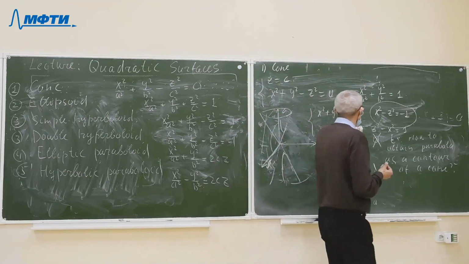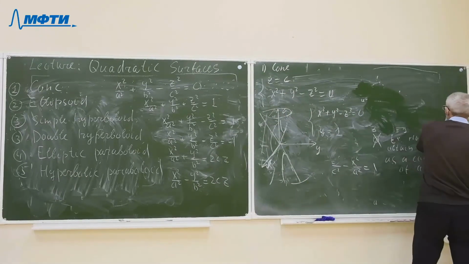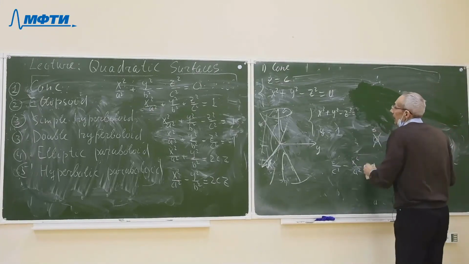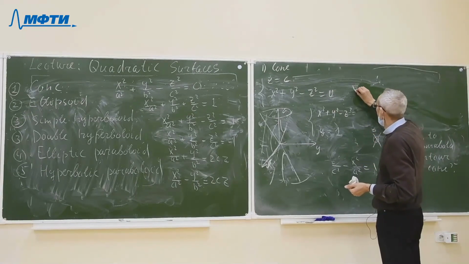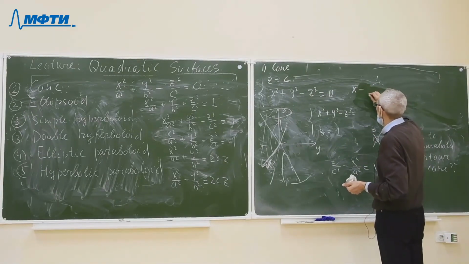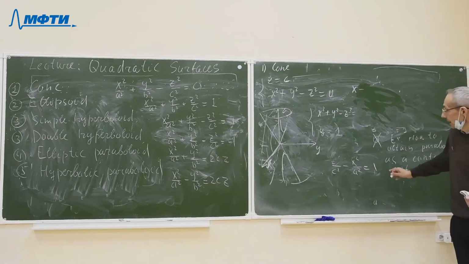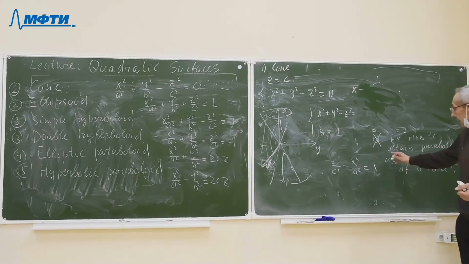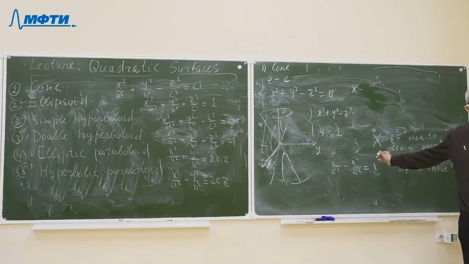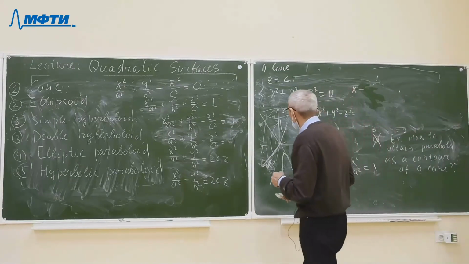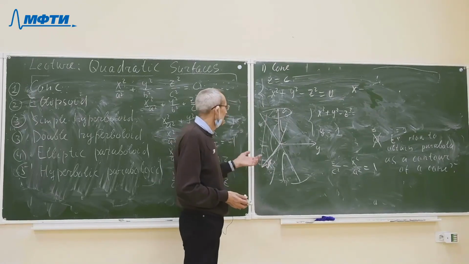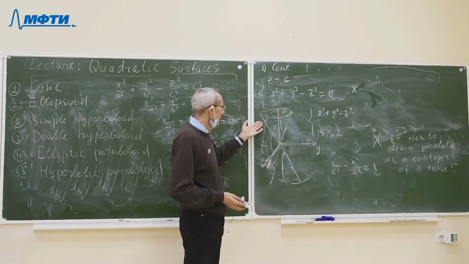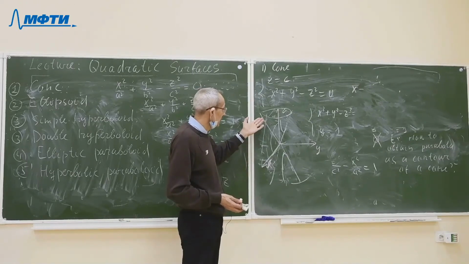for example, if we consider an equation... I have no time, and I suggest to consider this case as an exercise: obtain the plane which cuts our cone, and in the section we obtain a parabola.